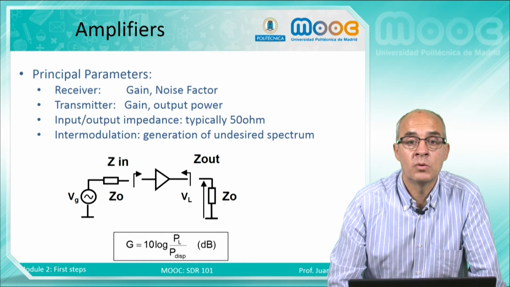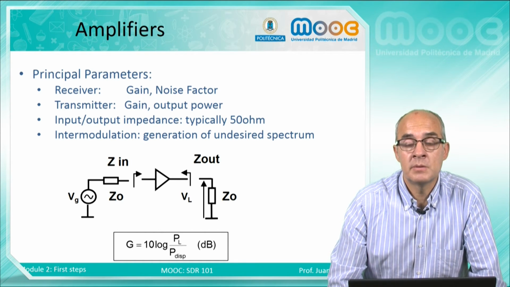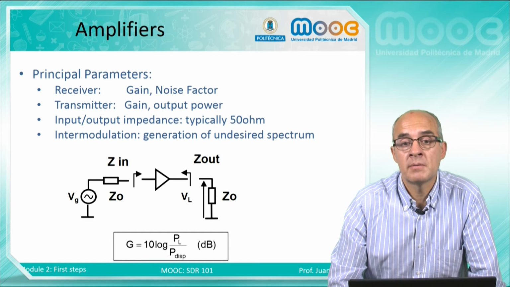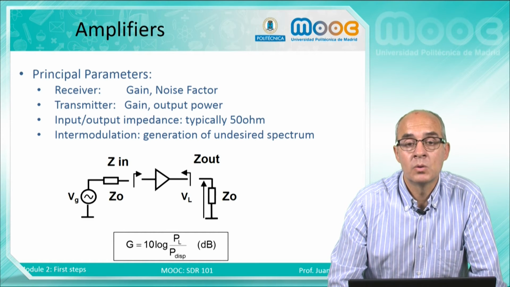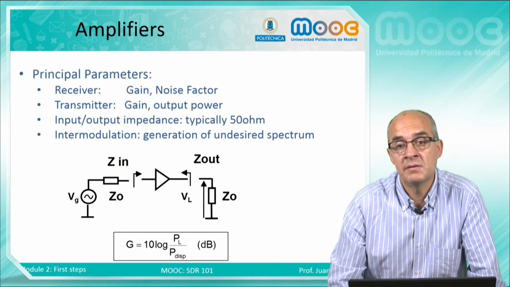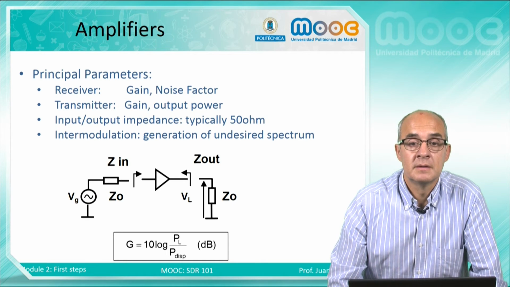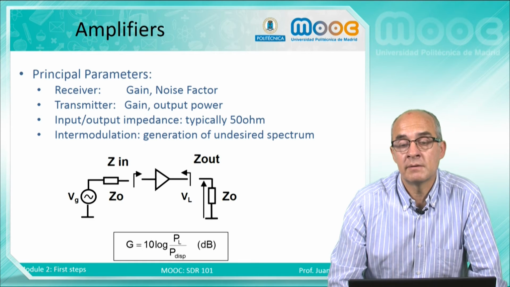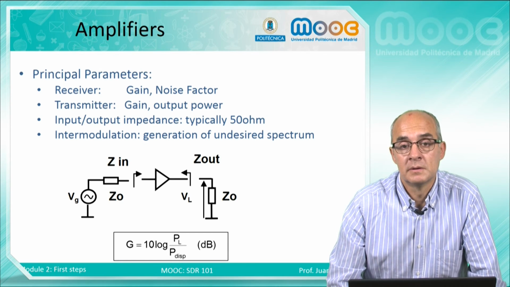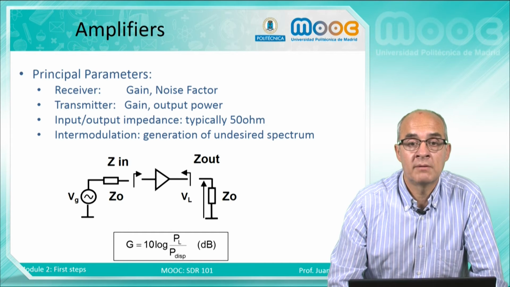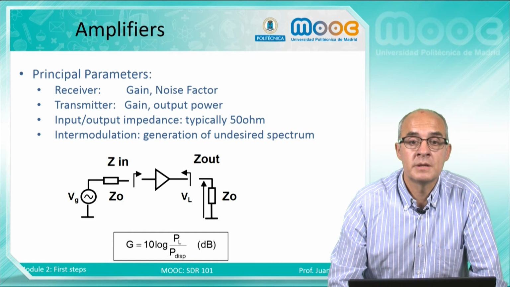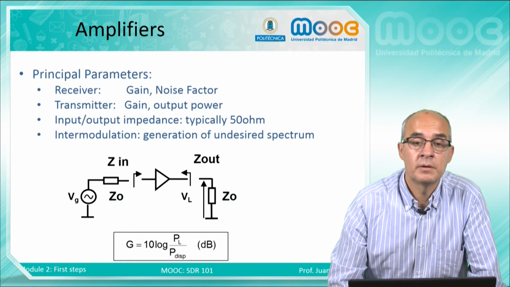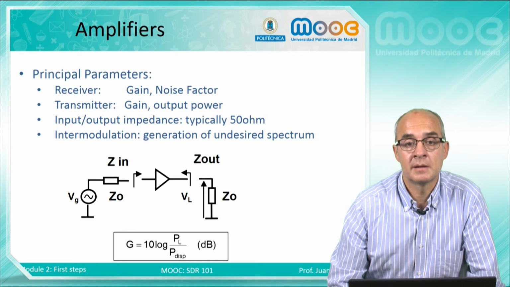This intermodulation is a nonlinear behavior of the amplifier which degrades the received or transmitted signal, and it generates an undesired frequency spectrum. So it's important to have a low intermodulation device both in the receiver and in the transmitter.